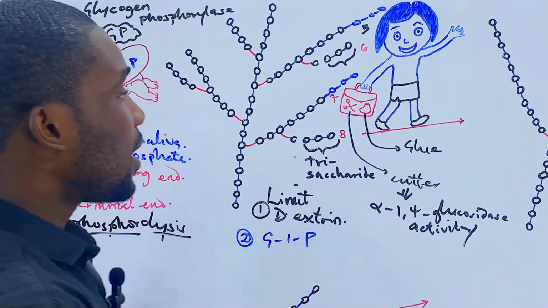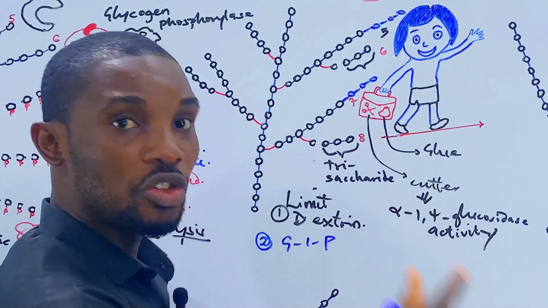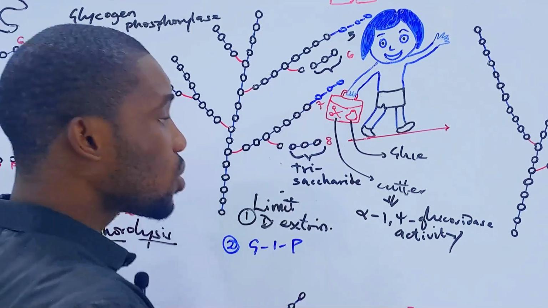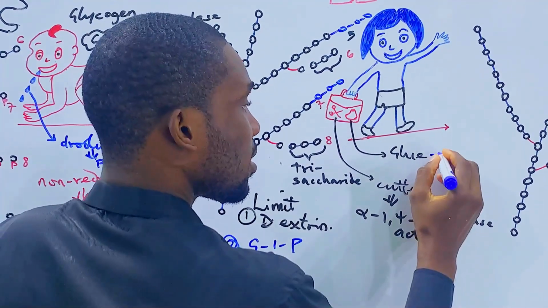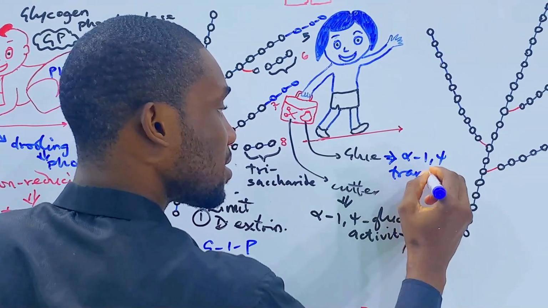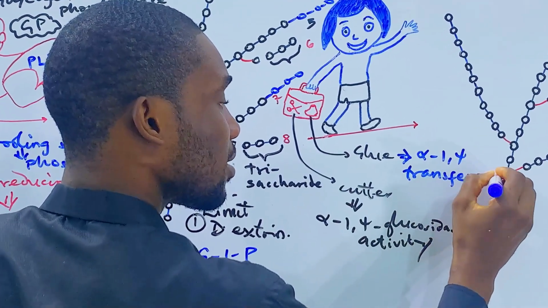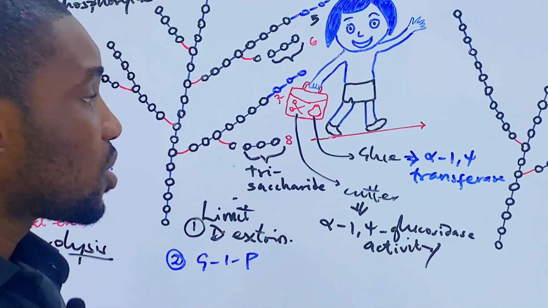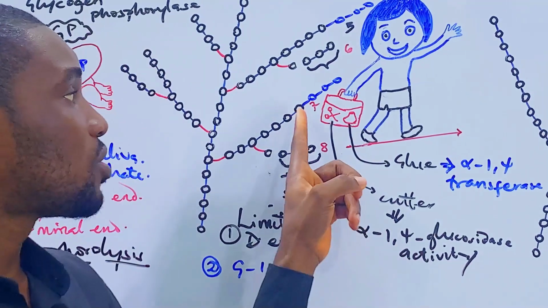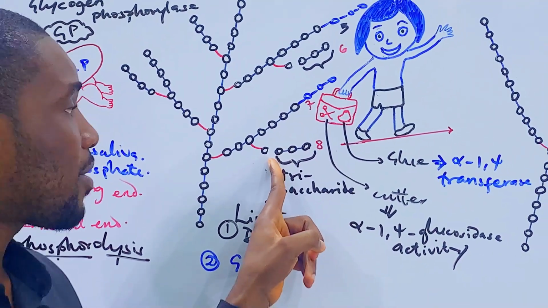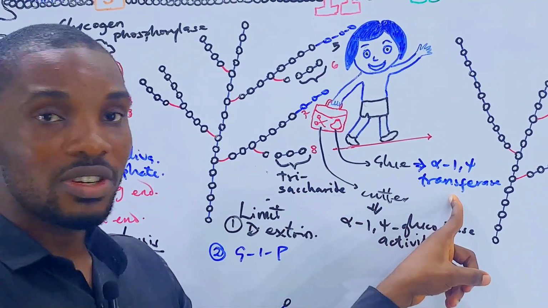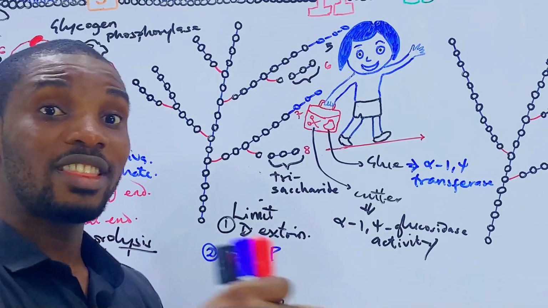Now, the glue was what she used to attach the trisaccharide onto the next chain, right? So the glue is alpha 1,4 transferase activity. So mother has an alpha 1,4 glucosidase activity which she uses to cut the bond, that's the alpha 1,4 bond, forms a trisaccharide, and then uses the alpha 1,4 transferase activity to transfer it onto the next chain.